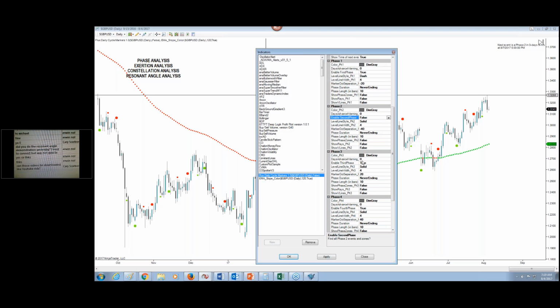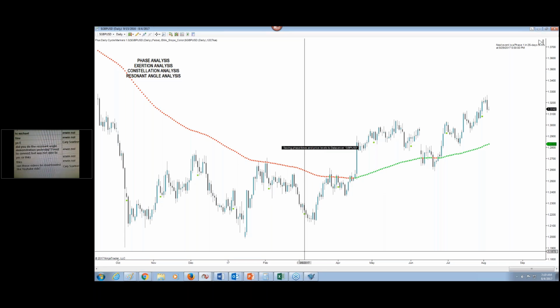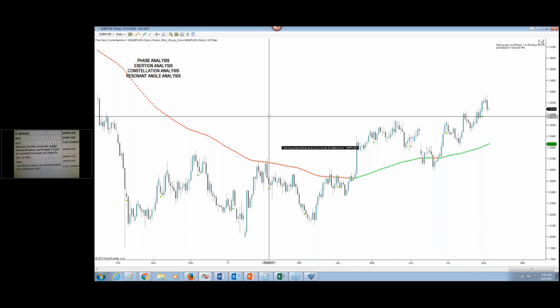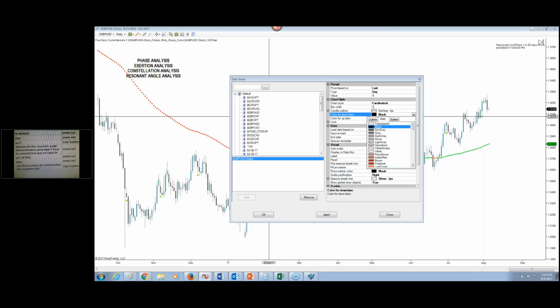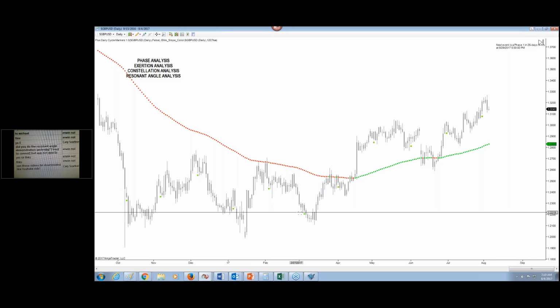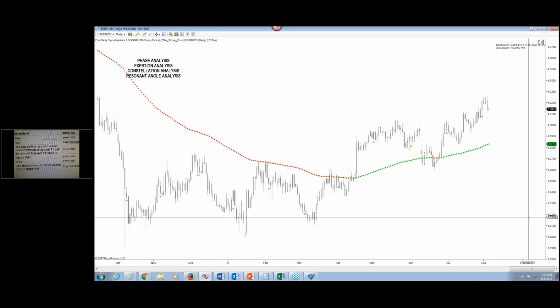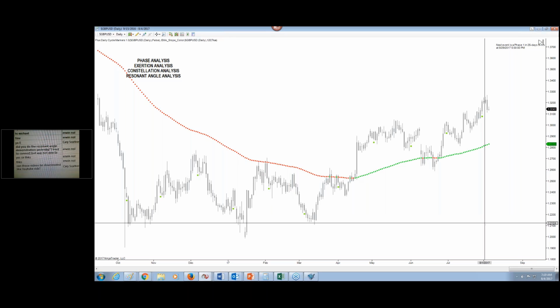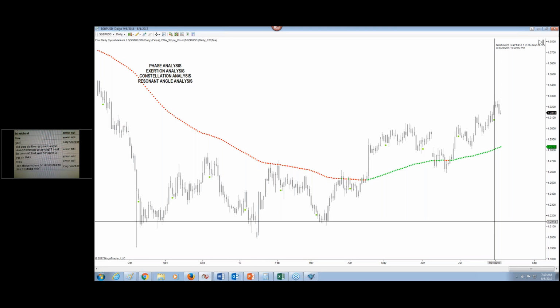I'm going to turn off all of the phases right now except the one that we're currently in, which is phase 1. Let's just leave the candles light colors for this morning. Can everybody see that there's a little green dot on my screen right now? That's the phase one.